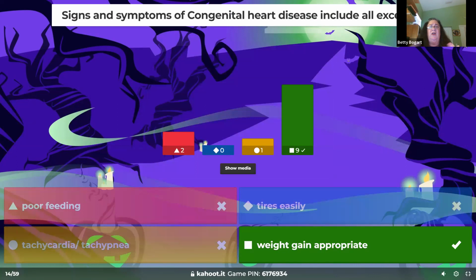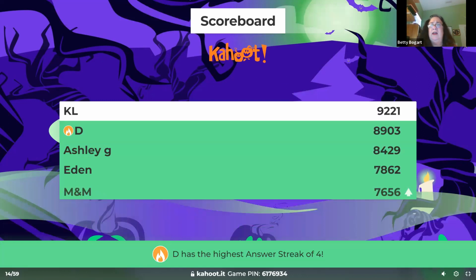Because if they have a congenital heart defect, that means they're not going to be oxygenating the way they should. They're going to tire easily. Tiring easily, they're not going to eat all the amount of food they should. So usually congenital heart children have a lower weight gain than children without a congenital heart problem, okay? Because they're not eating as well as they should because they're tired. Their heart's taking all their energy.